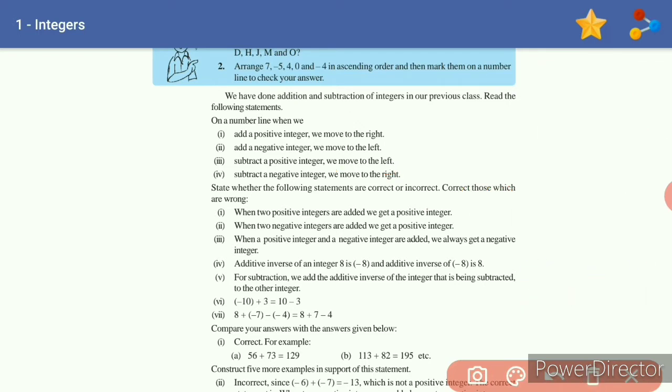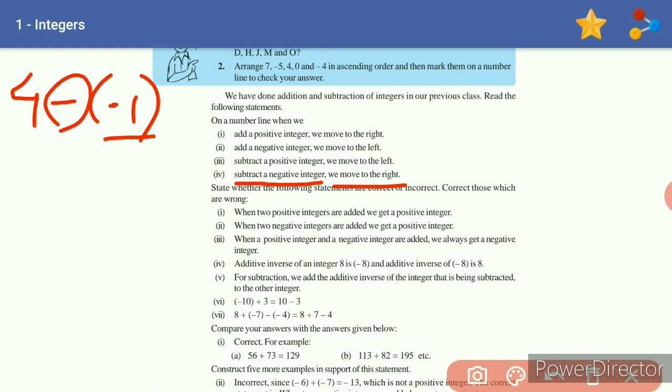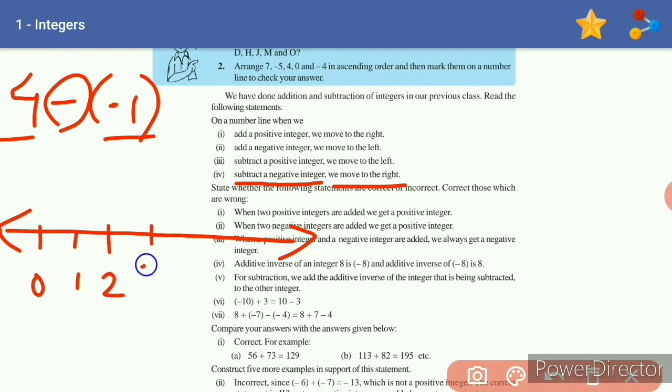Next is subtract a negative integer, we move to the right. Now -1 is a negative integer, and I want to subtract it from 4, so 4 minus -1. According to the rule, we have to move right. So to the right here 0, 1, 2, 3, 4, 5 and so on.